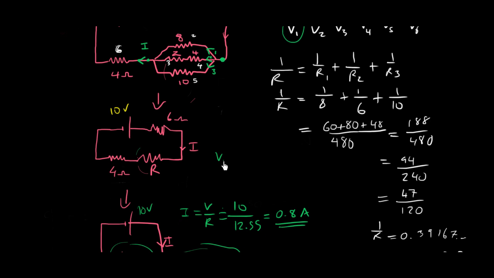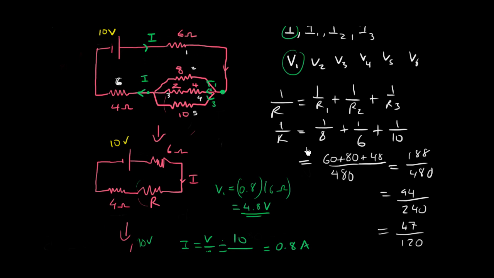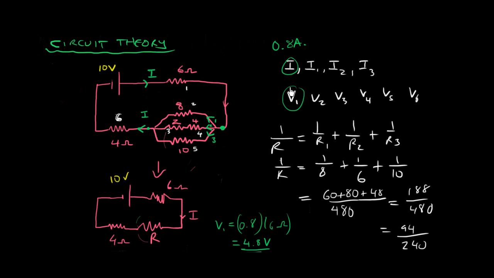V1 is equal to the current of 0.8 times the resistance, which is 6 ohms. So let's find that out first. Well, that's just going to be 4.8. 6 times 8 is 48, so that's going to be 4.8 volts going through V1.